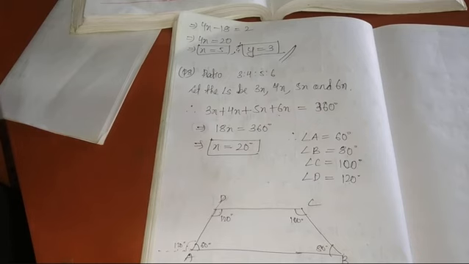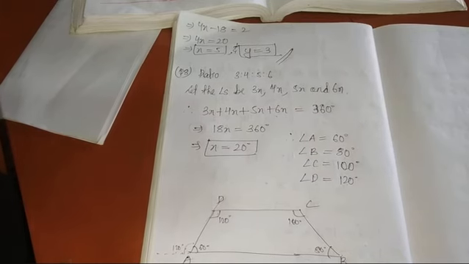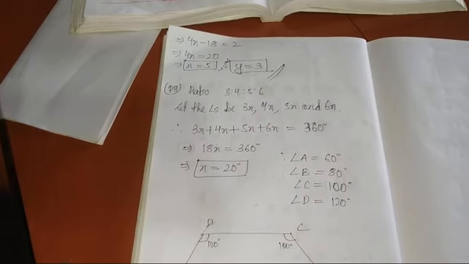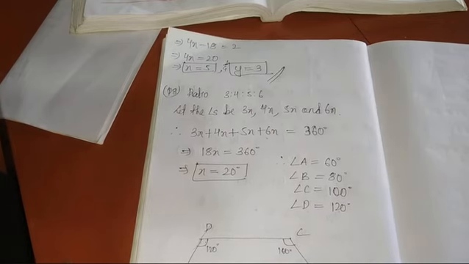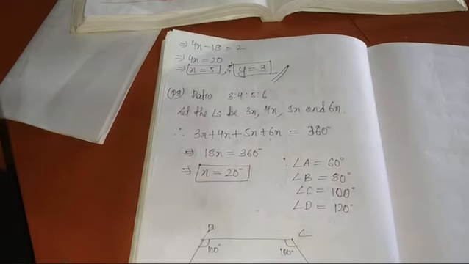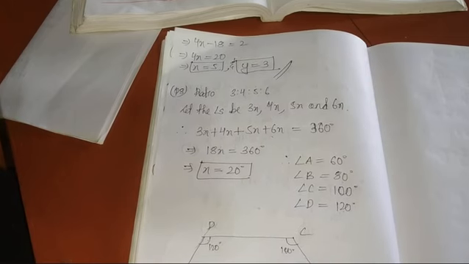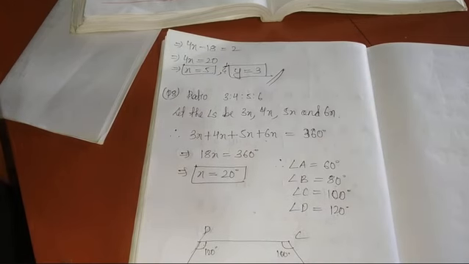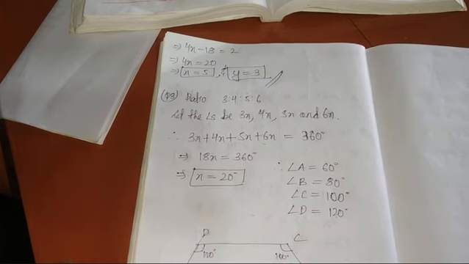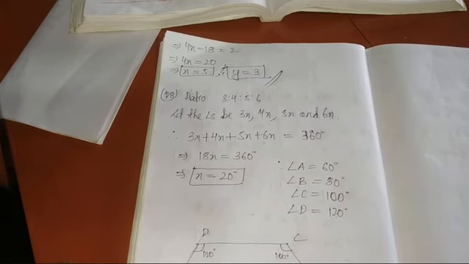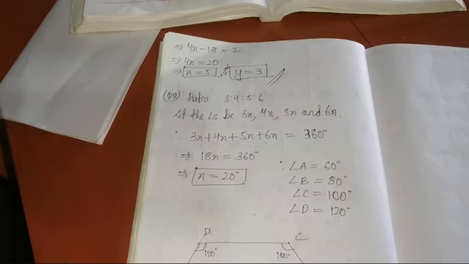Okay, so the next question I am doing out here is question number 8. The angles of the quadrilateral are in the ratio 3:4:5:6. If the angles are given in the form of a ratio, and x is the common factor, we can assume the angles are 3x, 4x, 5x, and 6x.